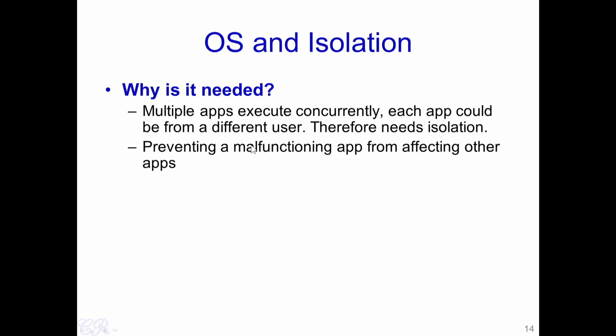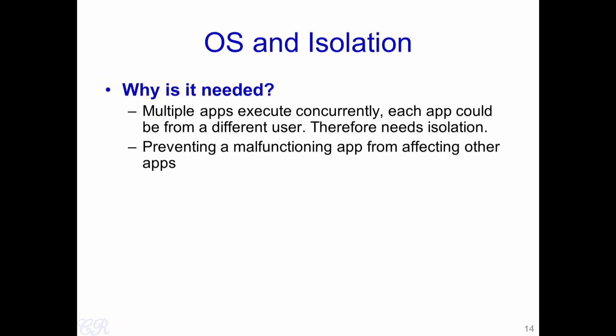Also, it could happen that some of these applications are malicious, that is, these applications may be a virus or a Trojan which has managed to find its way into the system and is managed to execute in the CPU. Therefore, isolation is required to protect one application from another, and thereby the data in one application cannot be visible from another application. Another requirement for isolation is with respect to the kernel, that is, with the operating system.